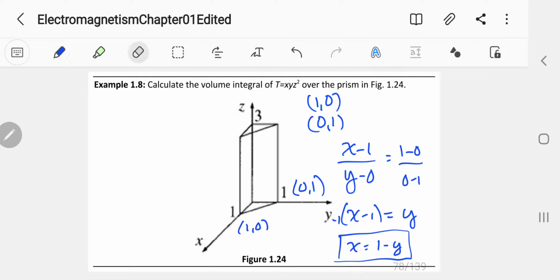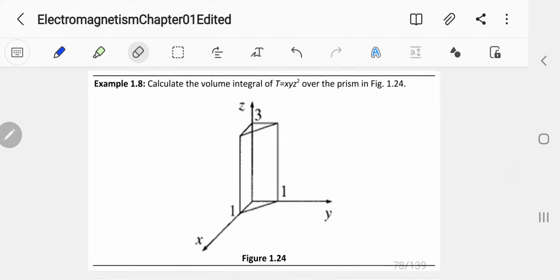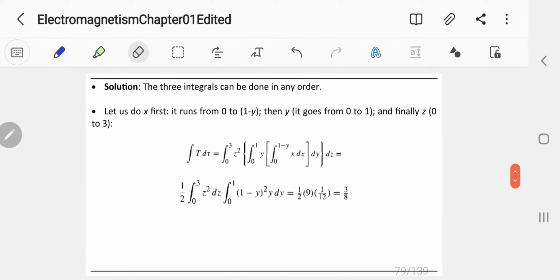So that's the relationship there. If you integrate that, you go to the next page. You have three integrals here, with respect to dx, dy, and dz. As you recall, T is equal to x y z squared. You can integrate z first, or y first, or x first.